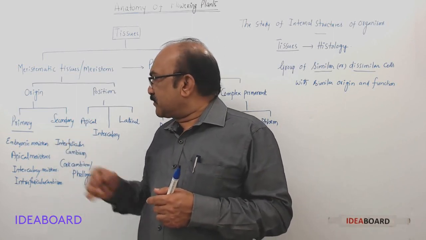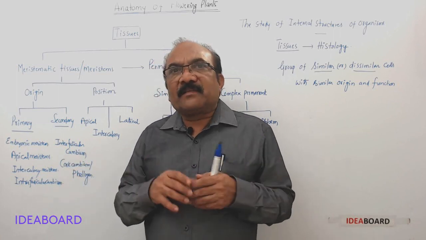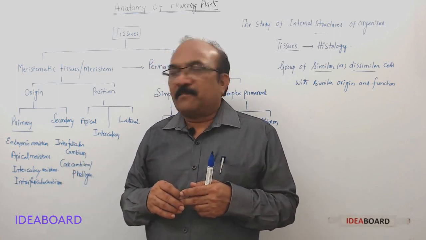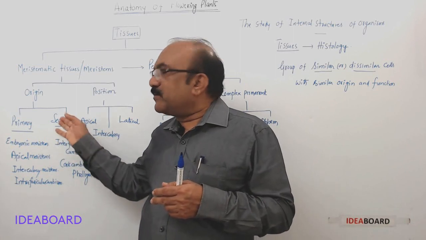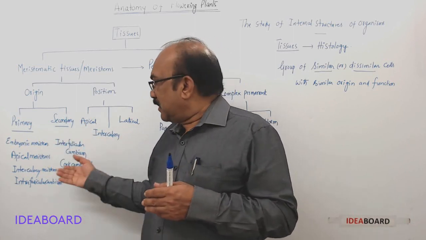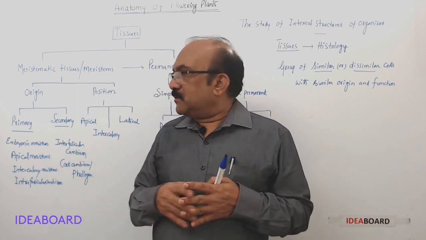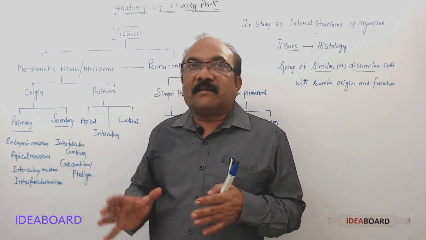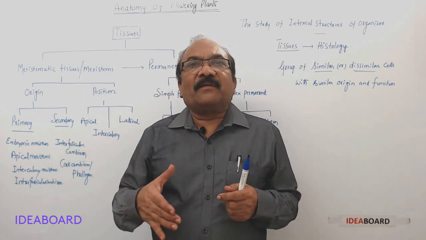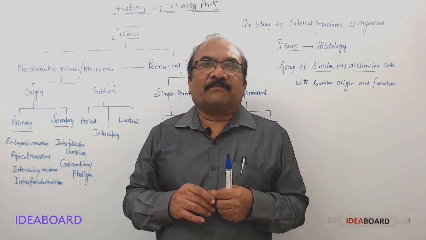So this interfascicular cambium, which is formed in between the vascular bundles in stems, is formed at the time of secondary growth. And the cork cambium is also formed at the time of secondary growth. They are not there from the beginning, they are formed later in the life of the plant. That's why they are called secondary.